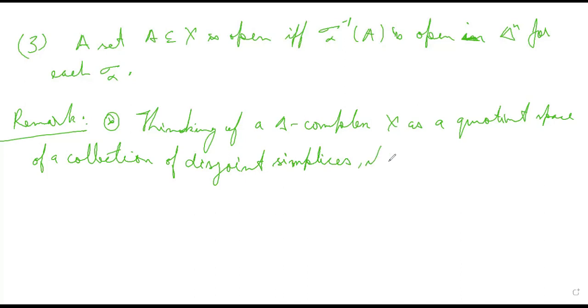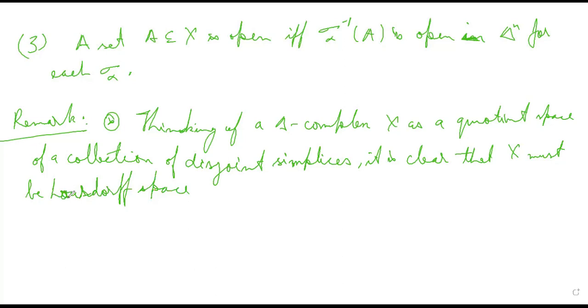So we can see this delta complex X as a quotient space of disjoint simplices, and from that we conclude that if there is a delta complex structure on X, then X must be Hausdorff.